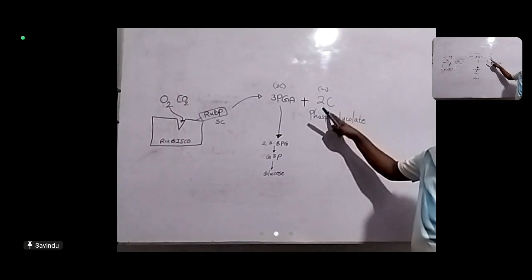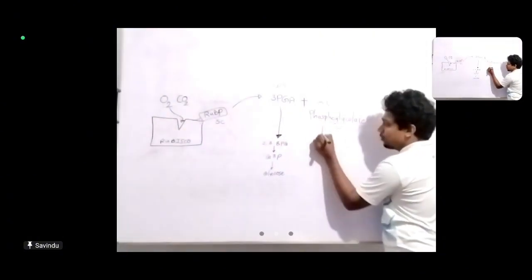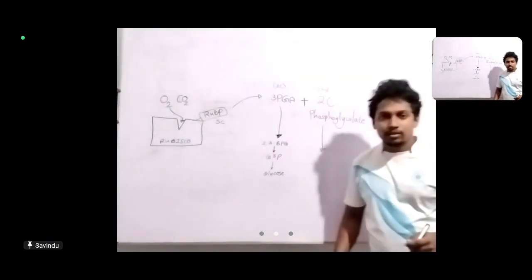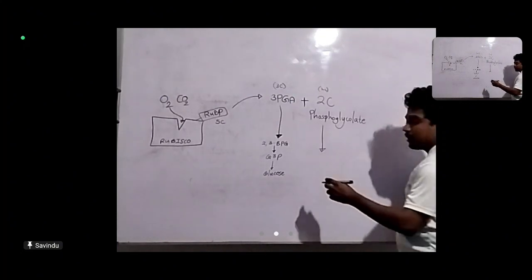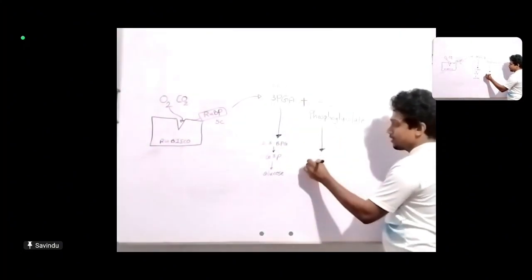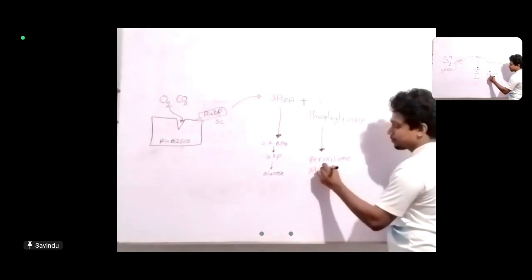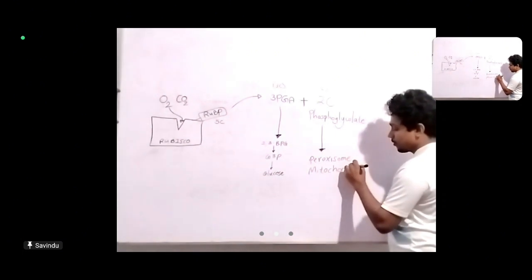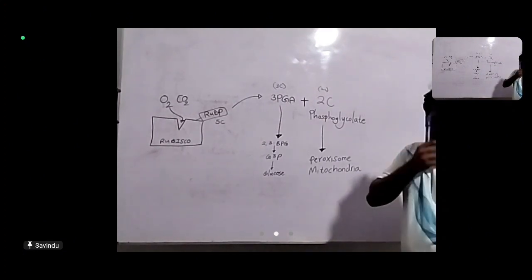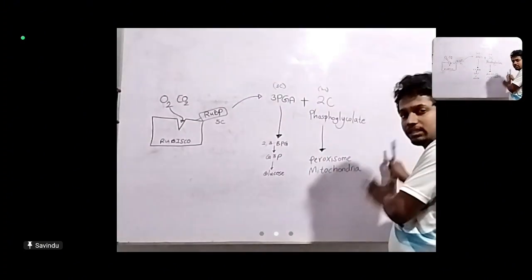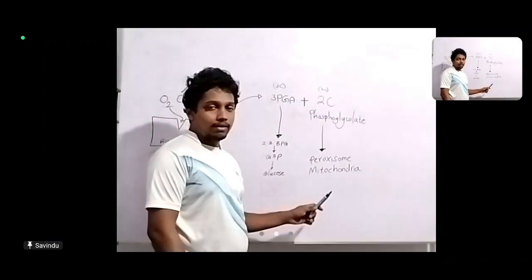This 2 carbon product leaves the chloroplast and enters into the peroxisome and mitochondria. The mechanism after this is not necessary for you. It doesn't make much sense, and it's nowhere in the syllabus. Questions are not asked on it either, it says it is not necessary.